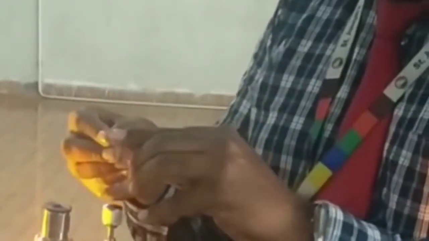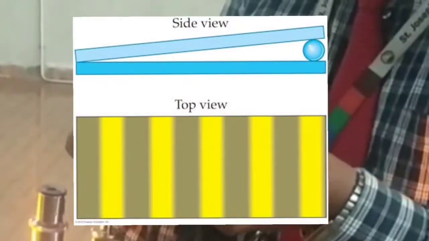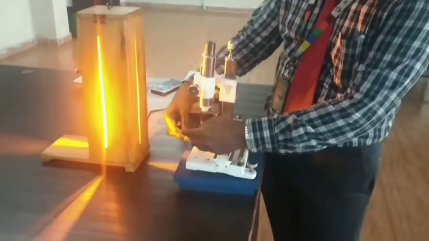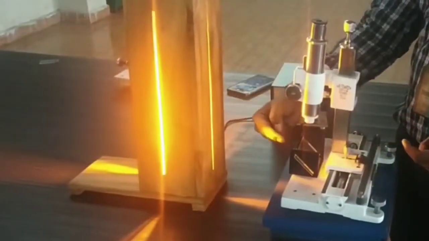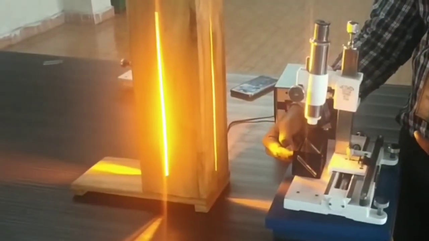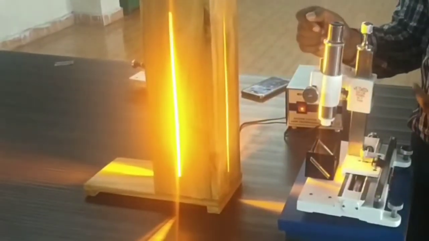Because of this hair, a wedge-shaped air film is formed in between the glass plates. So it's called an air wedge. If you keep this air wedge setup behind a 45-degree tilted glass plate, the incident ray will fall on the back side of the glass plate and it is sent to the air wedge setup normally.